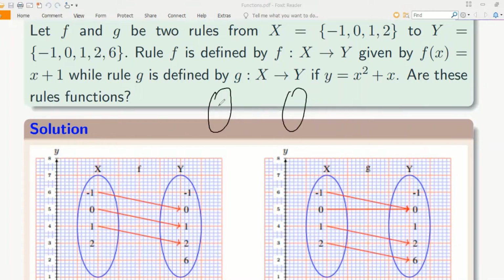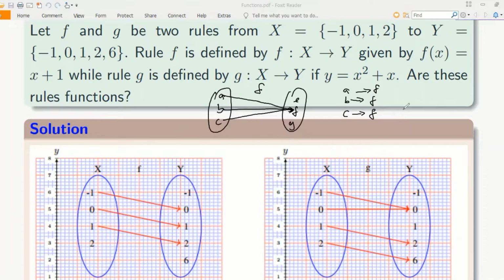So let me say this is A, B, C, and this is E, F, G. We can have a case where A is assigned to F, B is assigned to F, and C is assigned to F. This is still a function, because A has one image, F. B has one image, F. C has one image, F. And that's what the definition insists, that every object must have one.